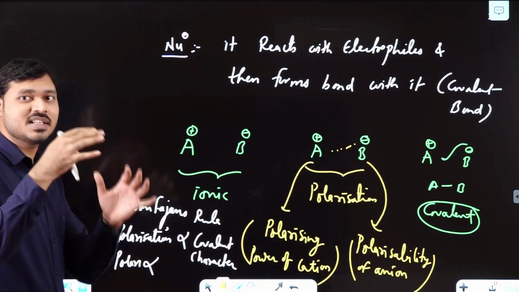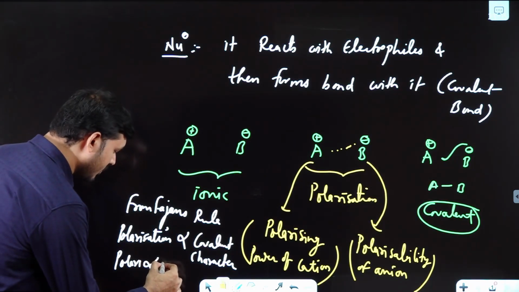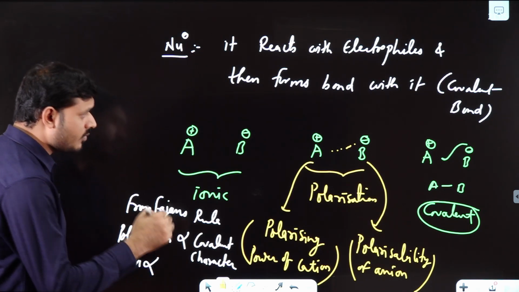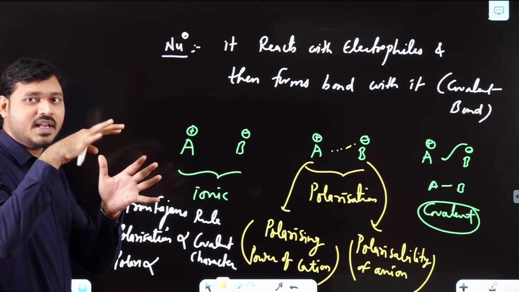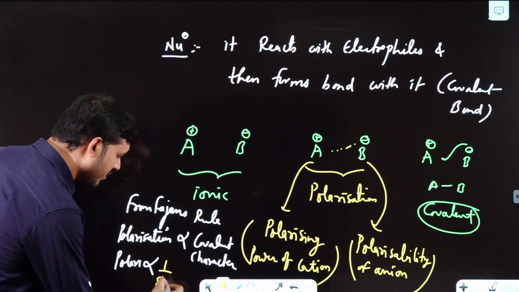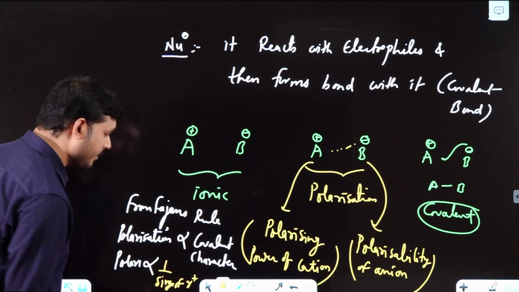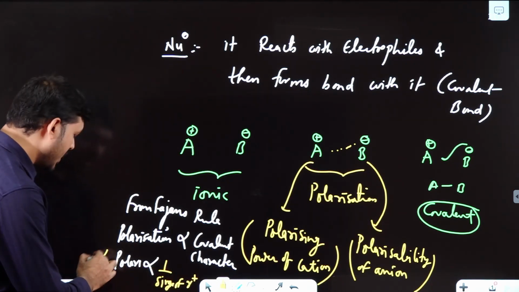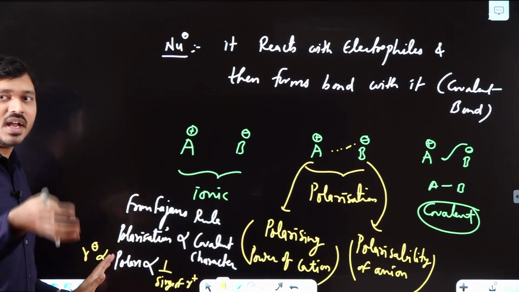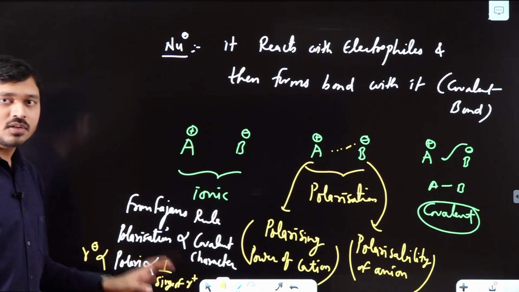See, if the cation is smaller, near the nucleus, so more will be polarization. As size of cation decreases, polarization increases. So it is inversely proportional to size of cation, R plus, and directly proportional to R minus. Size of anion is more, polarization more. Size of cation is less, polarization more. Clear? So this is the effect.